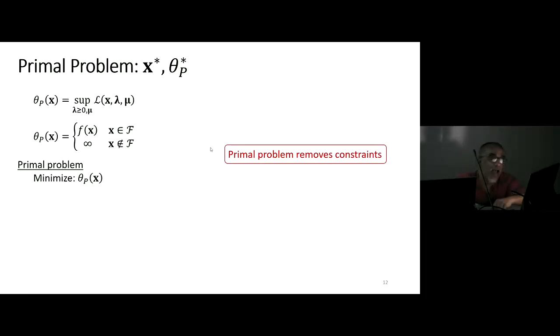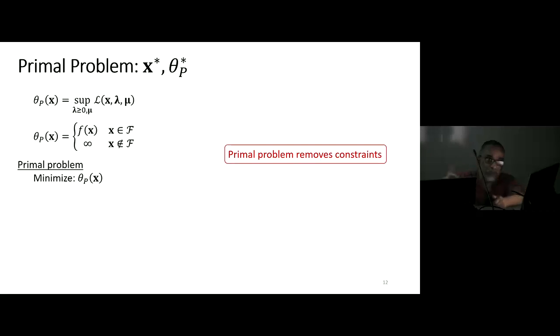Okay. And instead of trying to address the original COP, which has an inequality constraint and an equality constraint, we can minimize theta p of x, which is unconstrained. So the primal problem removes constraints.